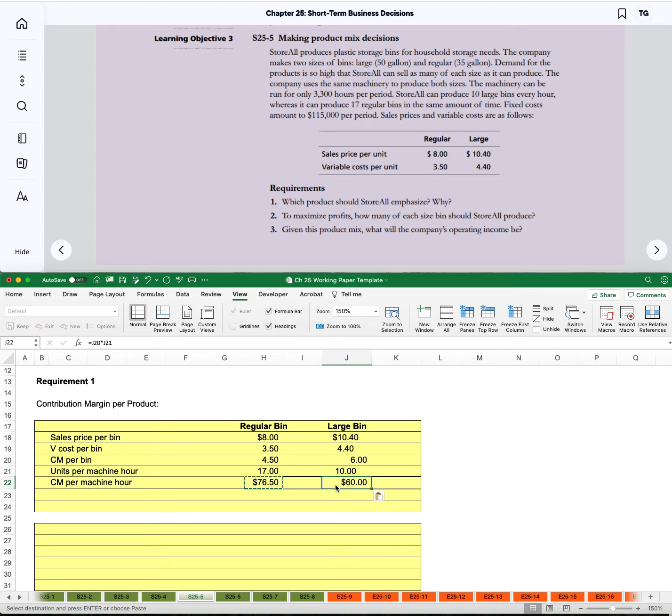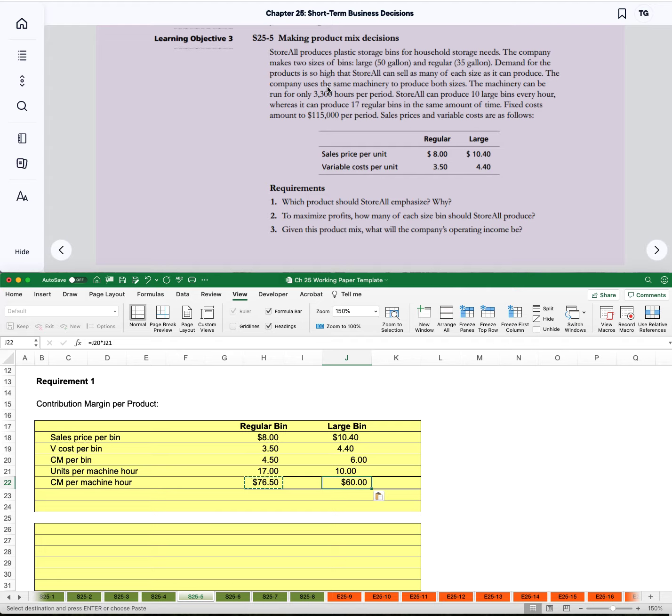So that actually tells us that when we consider the constraint of contribution margin per machine hour, we should emphasize the regular bins because they have the highest profit.